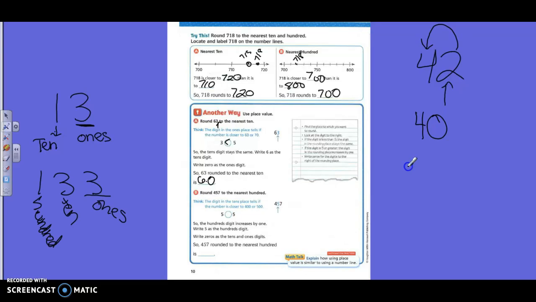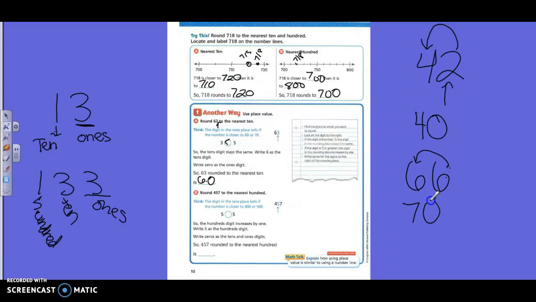We're going to do 66. Okay. 66 rounded to the nearest 10. The 6 is in the ones place. Is 6 greater than or less than 5? Everyone? Greater. It's greater than 5. Because it's greater than 5, it's going to make the 6 go up to a 7.